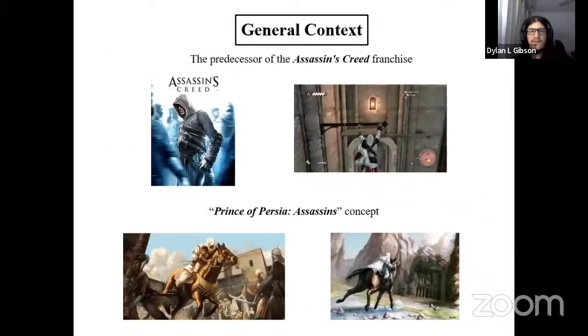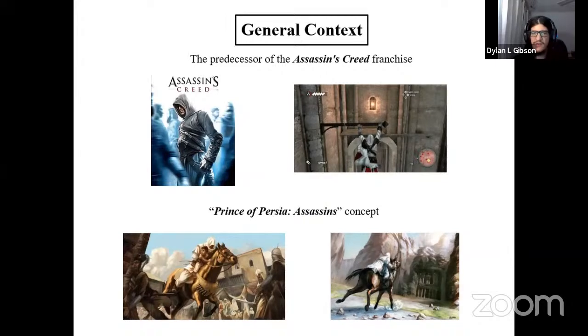Okay, so if you didn't know, Prince of Persia is the predecessor to Assassin's Creed. So a lot of the developers that worked on Prince of Persia later on went into developing Assassin's Creed. A lot of the ideas also, because they had the Prince of Persia assassin concept idea, would then later develop into the Assassin's Creed franchise, because the Prince of Persia brand started to die away.